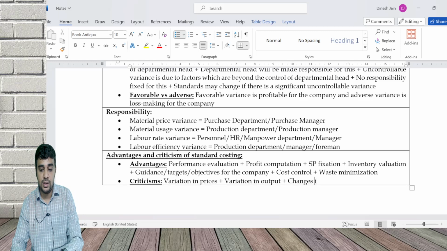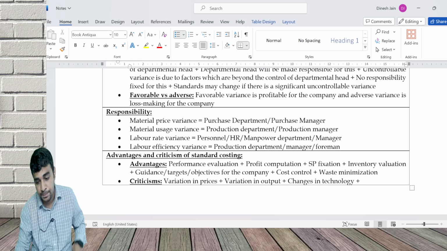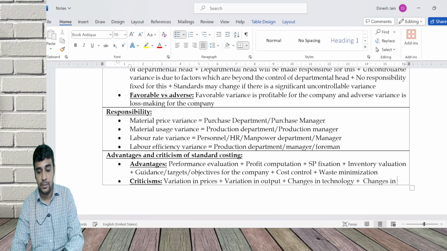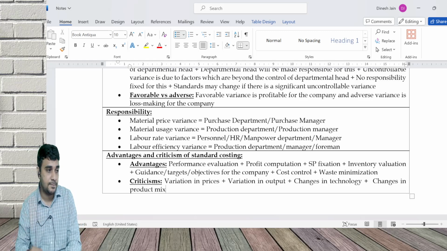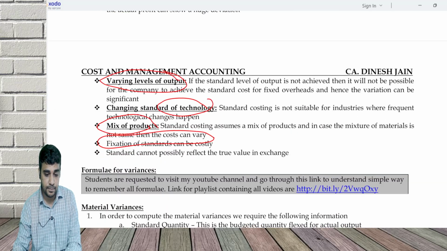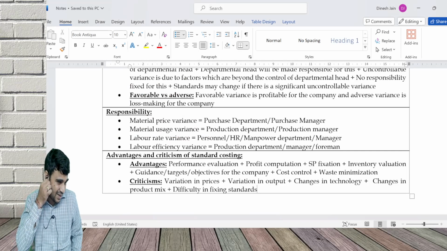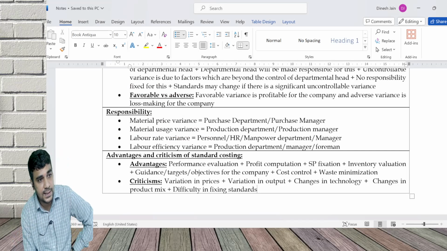Changes in technology. This is not a big problem. Change in technology doesn't happen all immediately. It is something which would be planned by the organization. Changes in product mix. Difficulty in fixing standards. Sometimes there can be a genuine difficulty in fixing the standards itself.